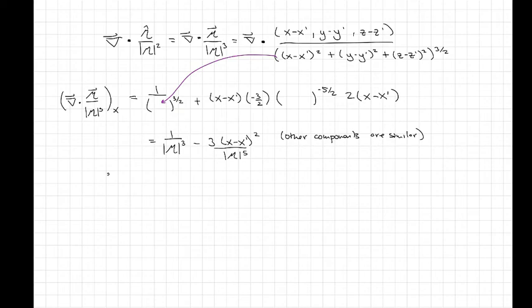Okay, so what can we do with that? Therefore, if I evaluate the divergence of my electric field, I end up getting something when I sum up all of the partial derivatives in the various directions together. I get something that looks like this.